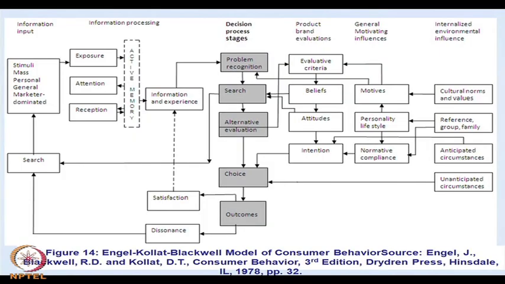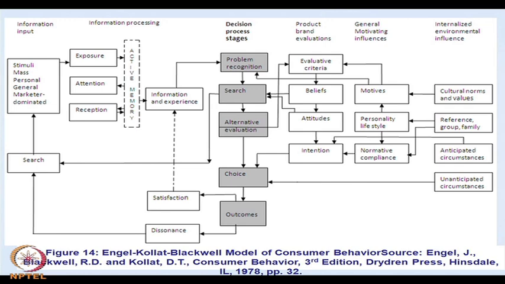Now, let's come next to the decision process variables. The model actually proposes certain individual influences that affect the decision making process. These decision process variables or individual characteristics include constructs like demographics, motives, beliefs, attitudes, personality, values, lifestyle, normative compliance, etc. And then we have finally the external influences, which take into account social and situational influences that affect the decision making process.